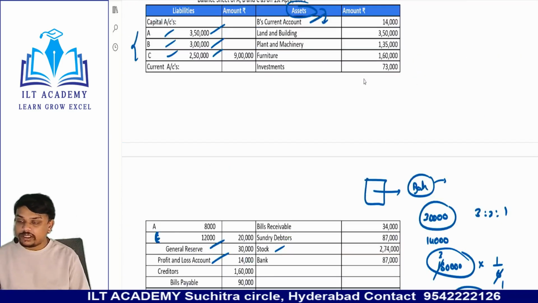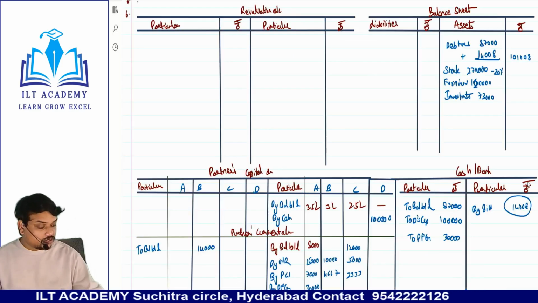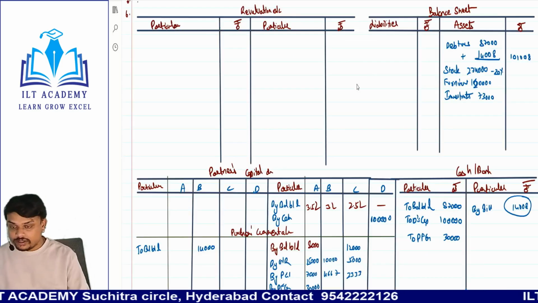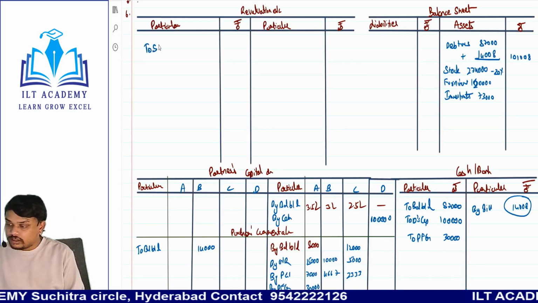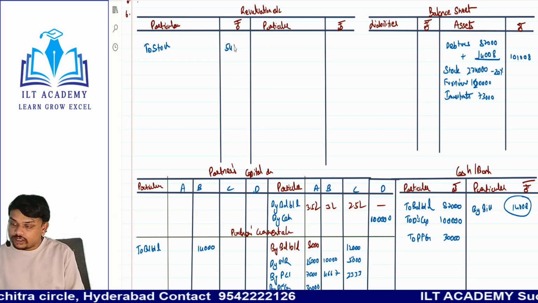All should be reduced by 20%. First, 20% of stock 2,74,000 is 54,800.